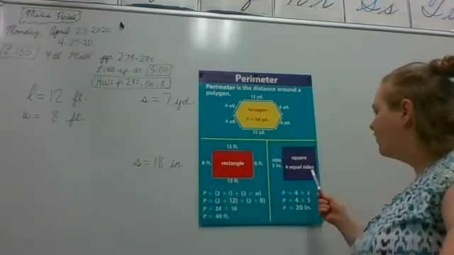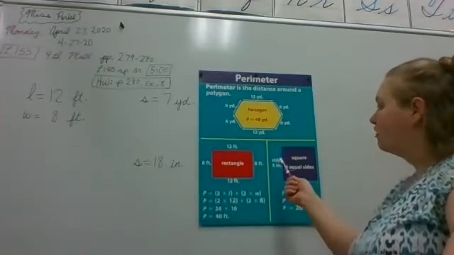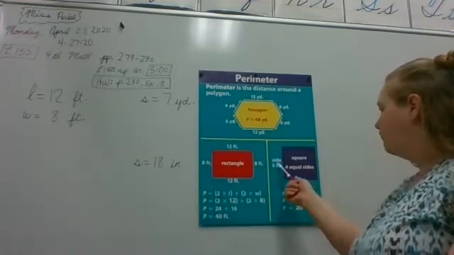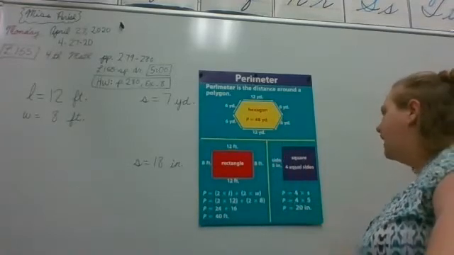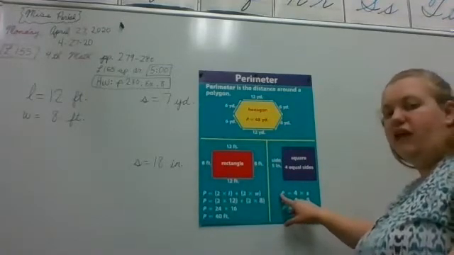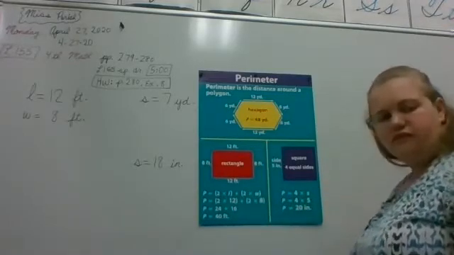Or we can say, there's 4 of them, and we have a quicker way. We can multiply our number by 4, right? Whatever number your side is, you multiply by 4. So our formula for this is P equals 4 times S, okay?